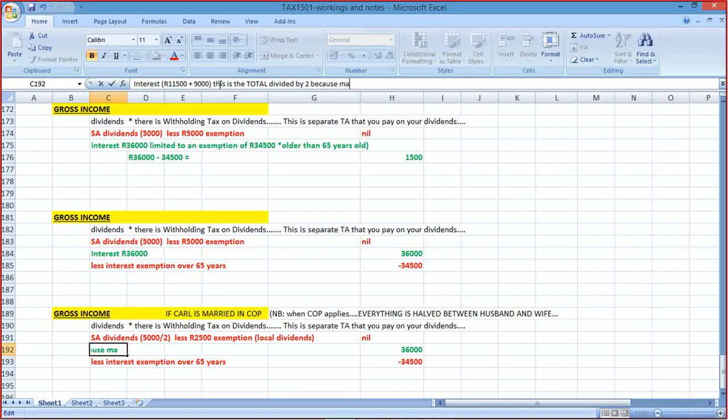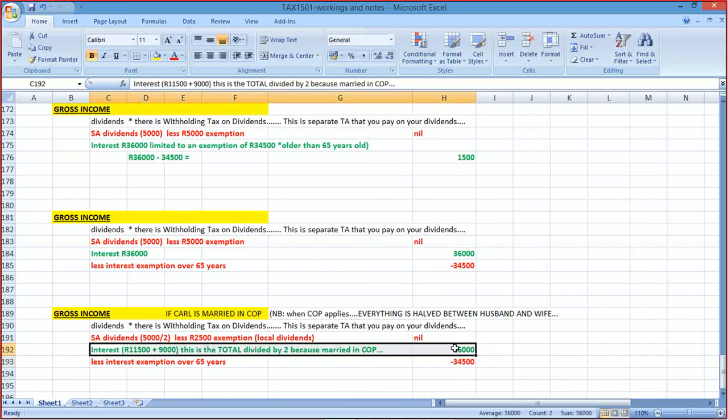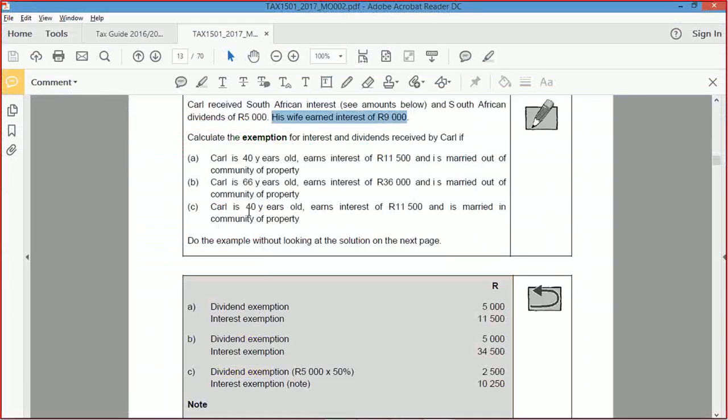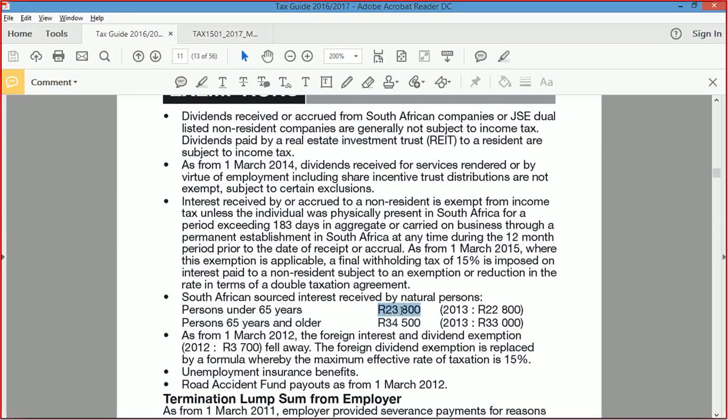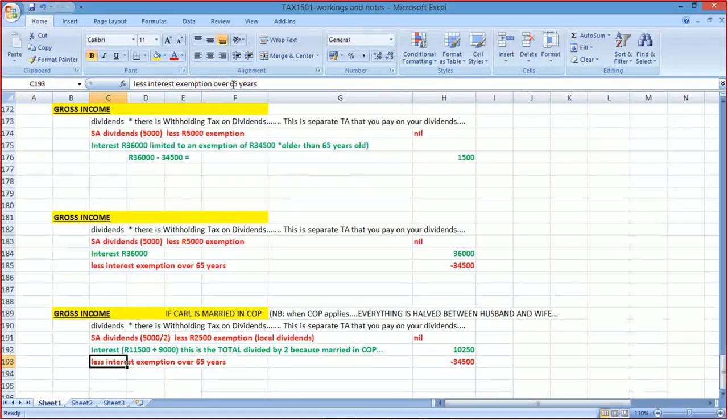This total is split into 2, divided by 2, because they are married in COP. Whatever is his and hers is combined, and you need to divide by 2. So here you would have brackets 11,500 plus 9,000, divided by 2, which gives you 10,250, which he would include.